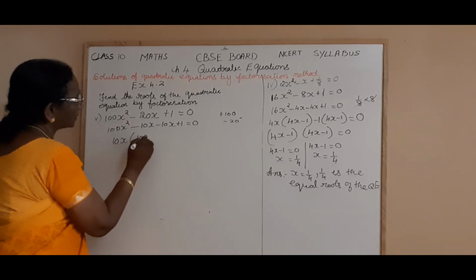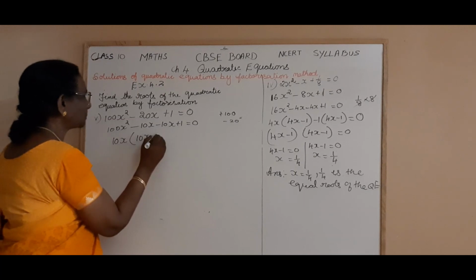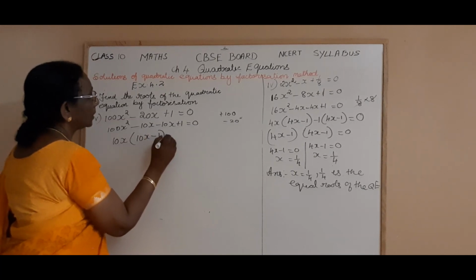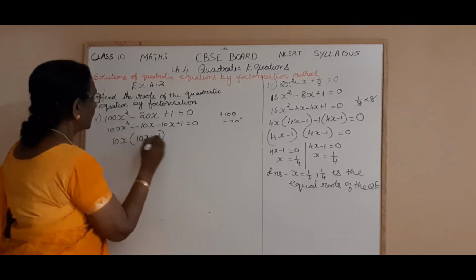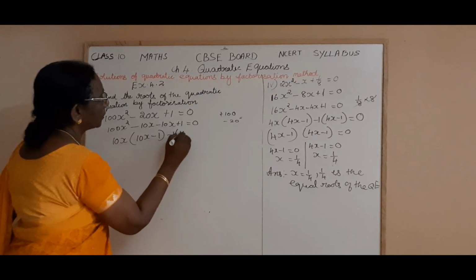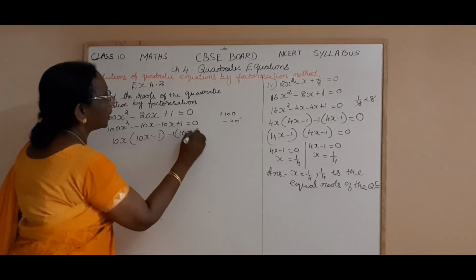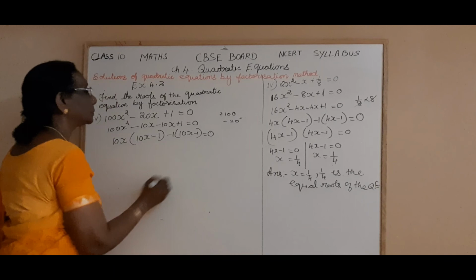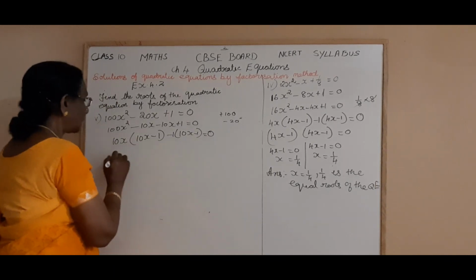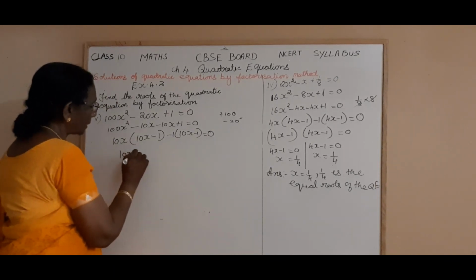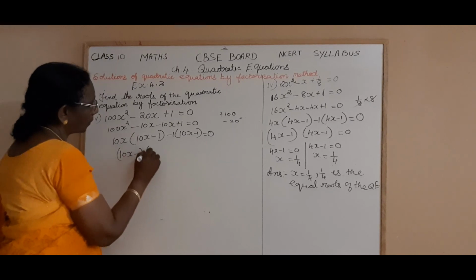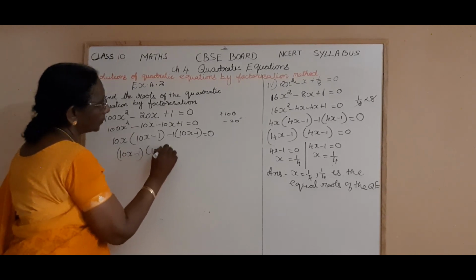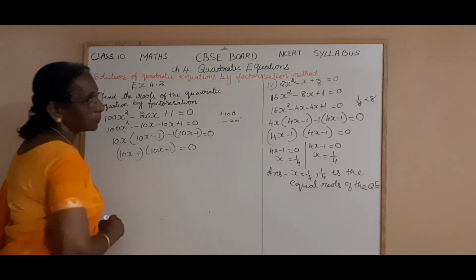So 10x minus 1 into 10x minus 1 equals 0.